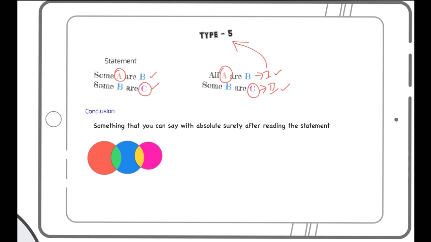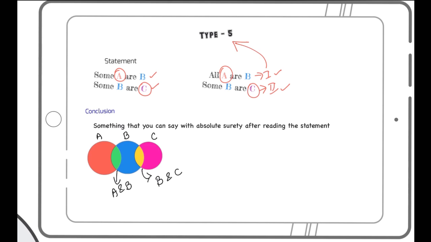So I started by writing this. This is my A, this is my B, this is my C, this is the A and B intersection, and this is the B and C intersection.